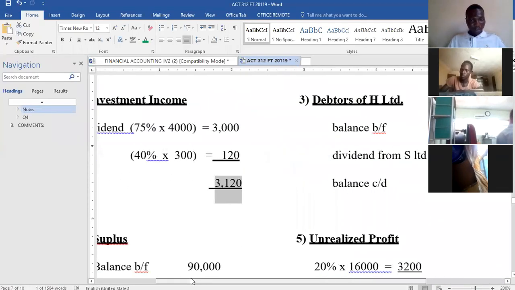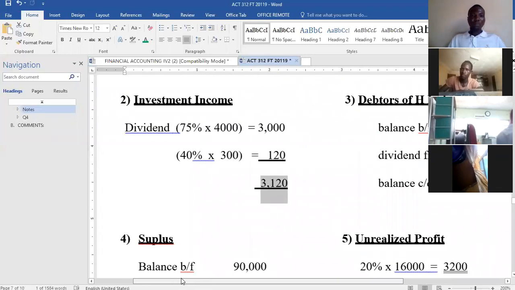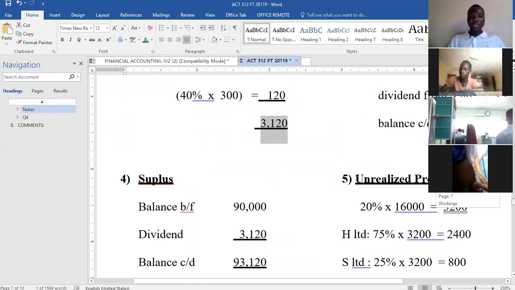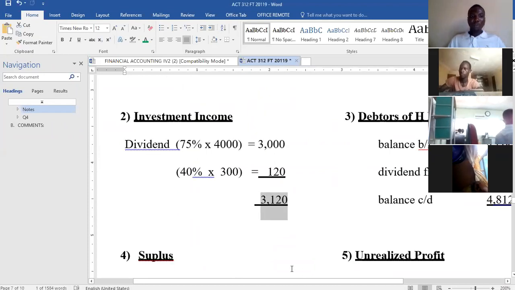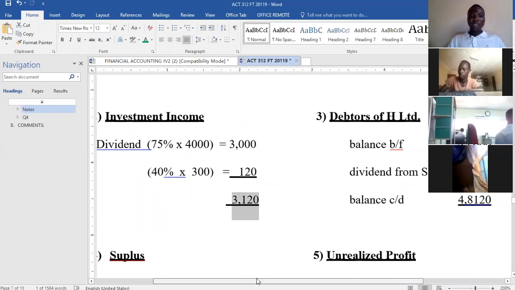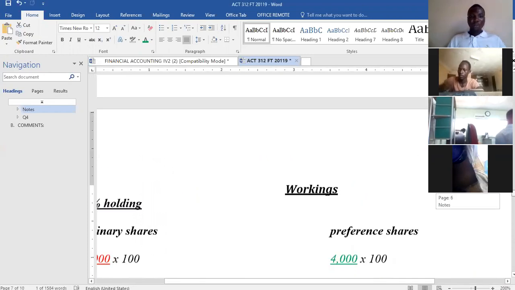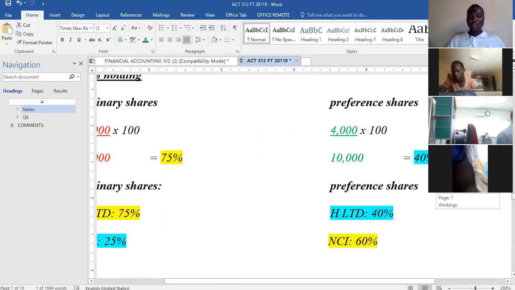Any question? So these are all the workings that you need for this particular illustration. I'll give you the next 1 or 2 minutes to copy the workings.